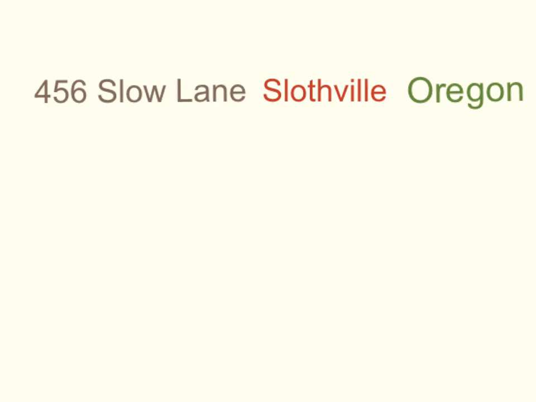Okay, a couple things you need to know when you're doing commas with an address. The first thing you need to know are the different parts of an address. So 456 Slow Lane, Slothville, Oregon. We have three different parts here. We have our house number or apartment number and street.